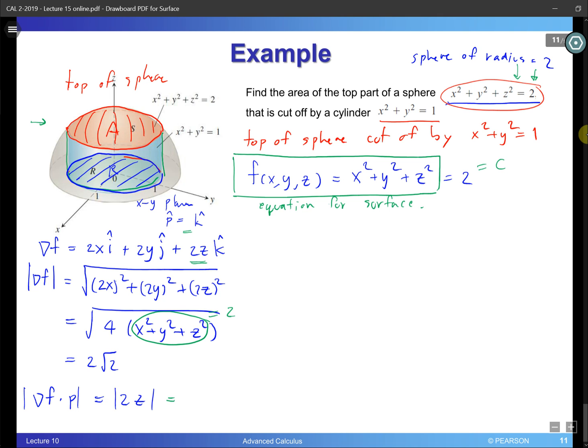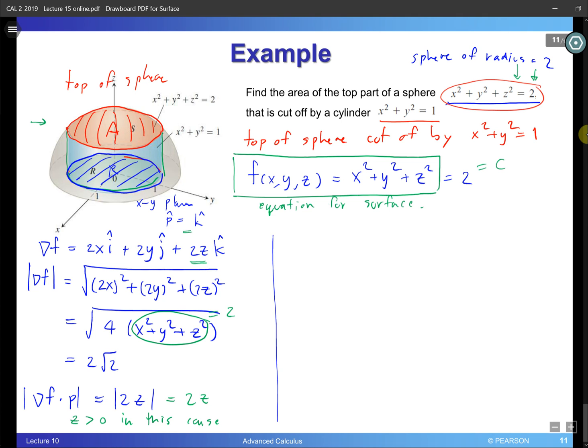This is equal to 2z because z is greater than 0 in this example, always. Okay, so we have all these terms and we are ready to perform the double integration.